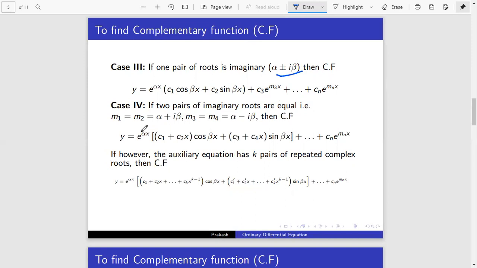So in the fourth case, if two pairs of imaginary roots are equal, then the complementary function is e power alpha x into (c1 plus c2x) cos beta x plus (c3 plus c4x) sin beta x. If the roots are real and different, then we can write as usual.